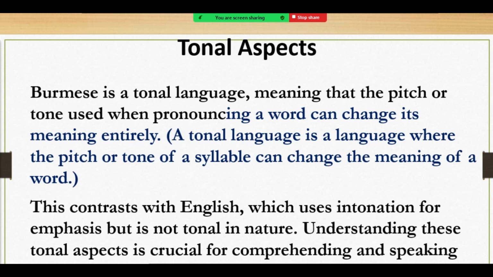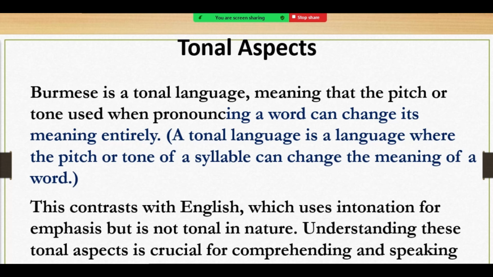This contrasts with English. I mean, it's the opposite of English. It's not the same as English. In English, it uses intonation for emphasis, but is not tonal in nature. In a tonal language, I mean in Burmese, in our language, we can't use rising and falling sound.